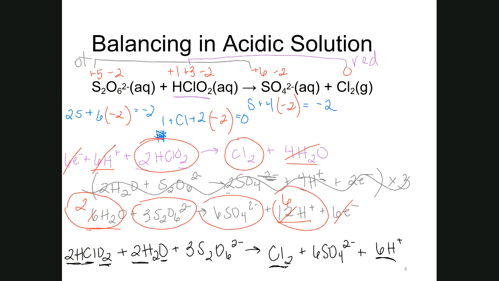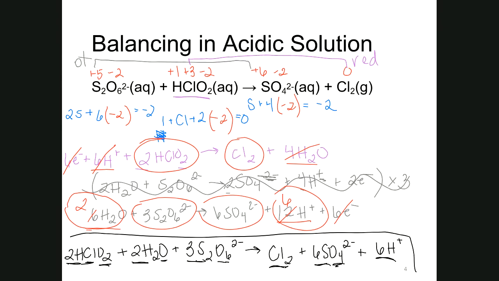So that's 6 plus 3 times 6 is 18, right? So things are starting to get a little more hectic. So 6 plus 18, we have 24. We go over here, we have 6 times 4, that's 24. So our oxygens are balanced, and all that's left is our sulfur. We have 6 here, 6 here. Everything is balanced. This is your final answer.